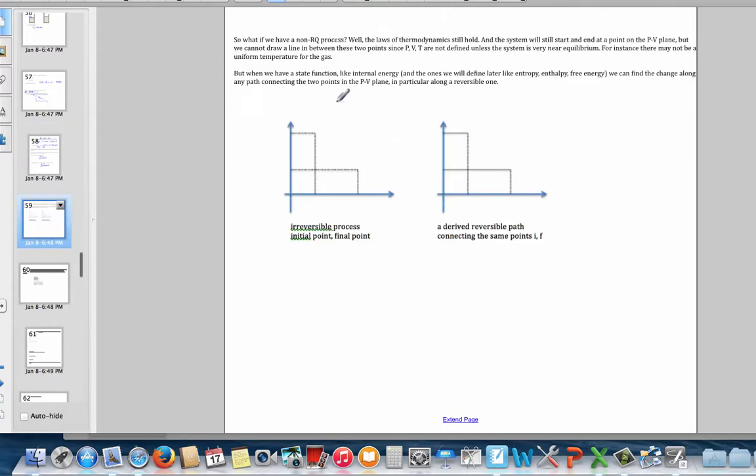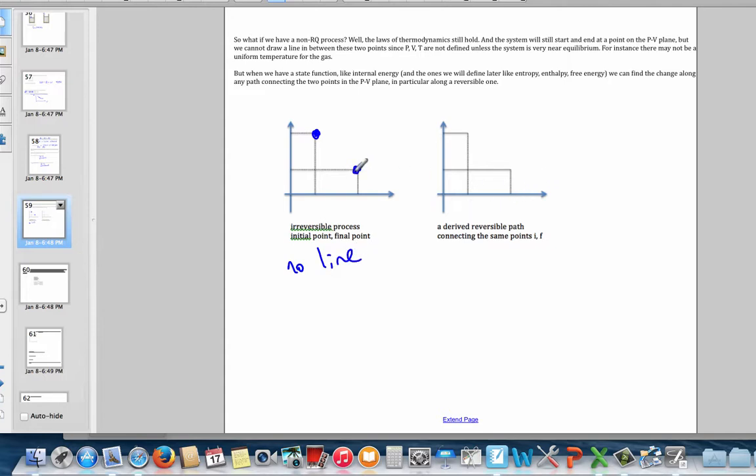Now, how do we go about irreversible processes? Well, again, the first law is still true. The second law of thermodynamics that we're going to see later is still true. And the system's going to start at equilibrium, and maybe it's going to end at equilibrium, but there's going to be no line in between, right?